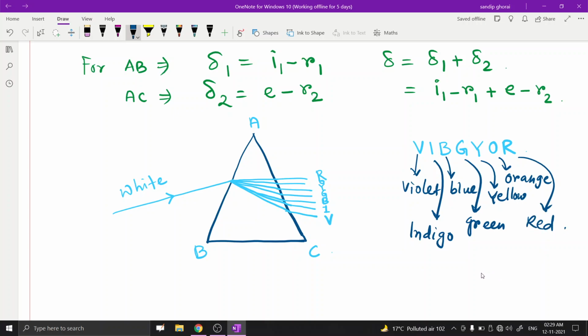And this phenomenon is called dispersion of white light by a prism.